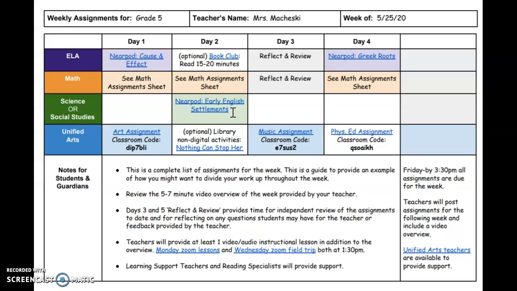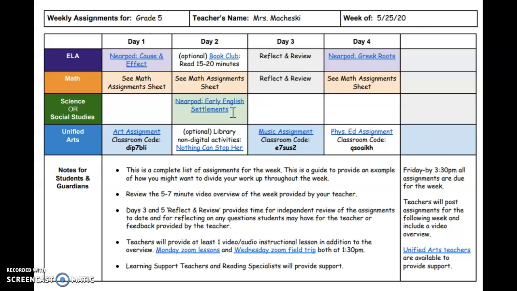So the lesson, Early English Settlements, correlates with your textbook, chapter 6. The essential question was, what challenges faced the first English colonies? You're going to learn about the 3 first English colonies that were established in the New World and some of the challenges they faced and overcame.